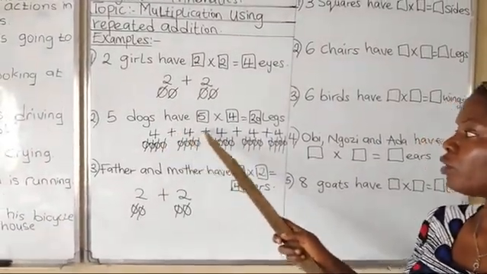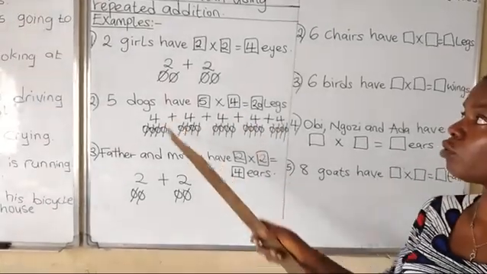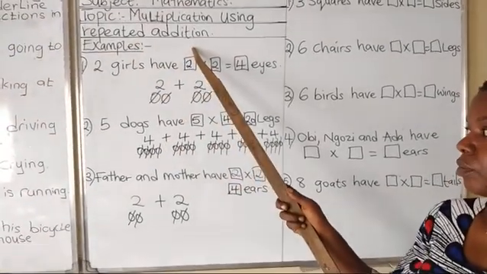Then 4 plus 4 plus 4 plus 4 plus 4 is what we call repeated addition.